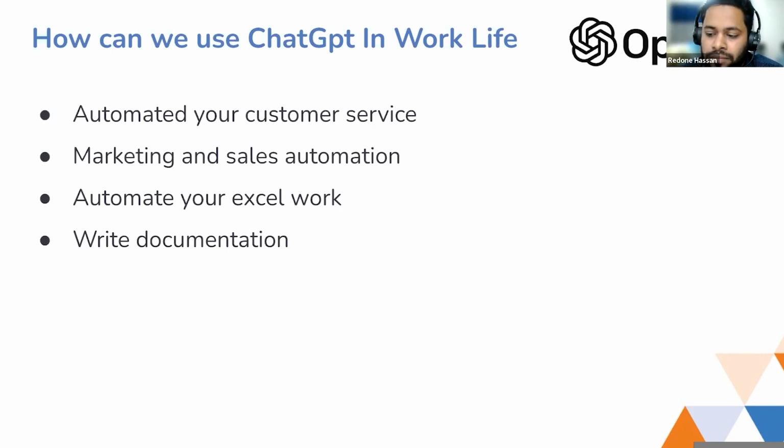Automate your Excel work. Why are we using Excel? To calculate something. We can also integrate ChatGPT with an Excel sheet, so that when we write a formula based on our needs, ChatGPT takes that parameter, processes the data, and gives the answer to the Excel sheet, and it also stores this answer in a particular column.